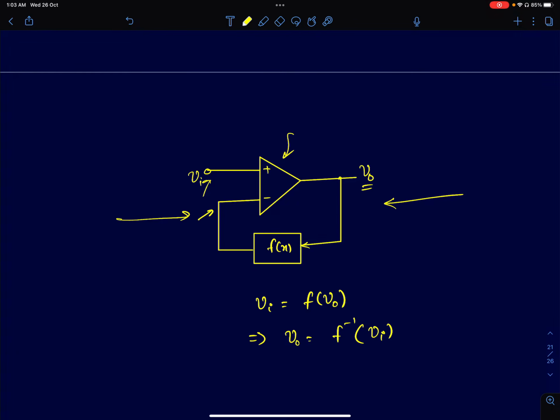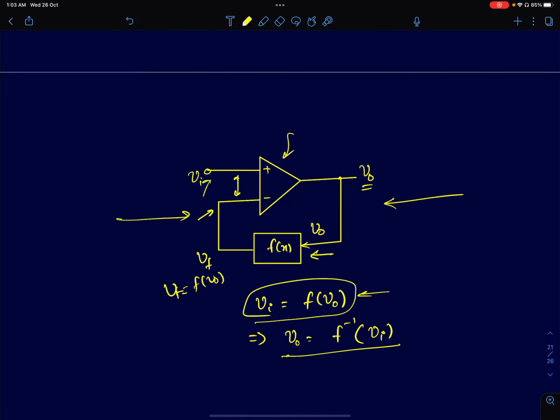So if V0 is the voltage that is fed to this nonlinear function, the output Vf is going to be f of V0. The negative feedback will force these two nodes to be equal. Therefore, you'll end up getting Vi equals f of V0, or V0 is f inverse of Vi. So I can invert functions using this.